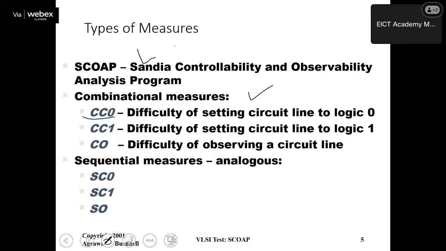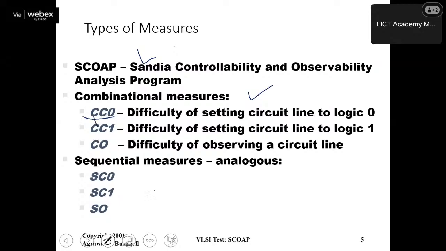So there is something called CC0. It means how difficult it is to set a circuit line to logic 0 in a combinational circuit or a sequential circuit, but we are assuming the combinational nature of it. So CC0 means combinational controllability.